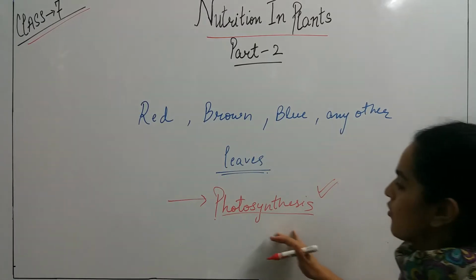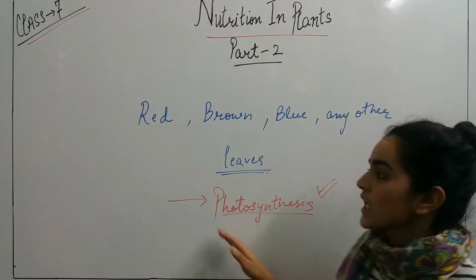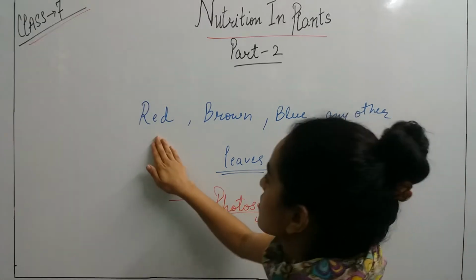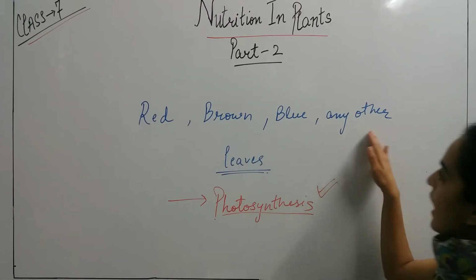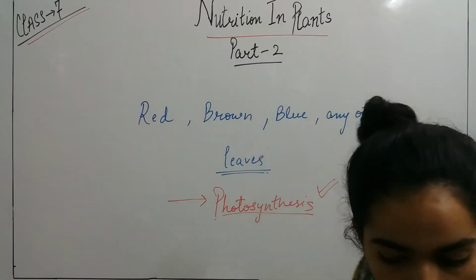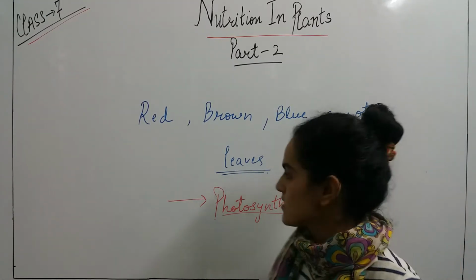The process of photosynthesis is not only in green leaves but also occurs in red, brown, blue and any other color leaves.